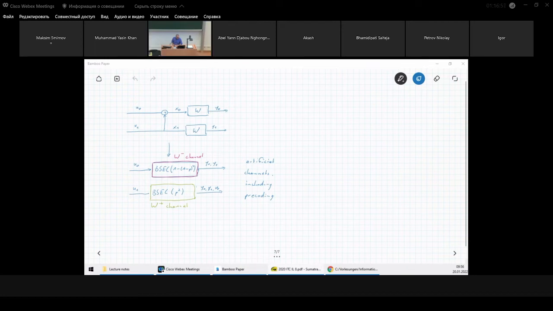So let's describe the pre-coding formally, by a matrix. Basically, I want to find a matrix to get x0 and x1 from u0 and u1.